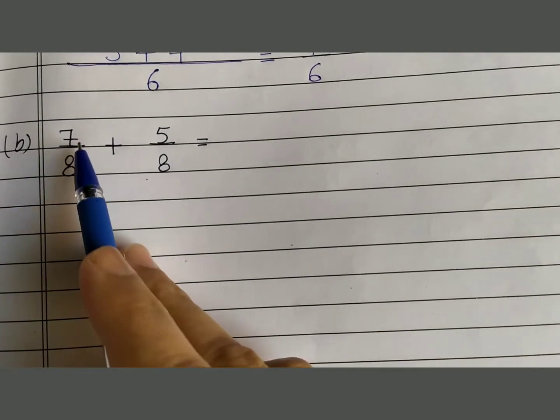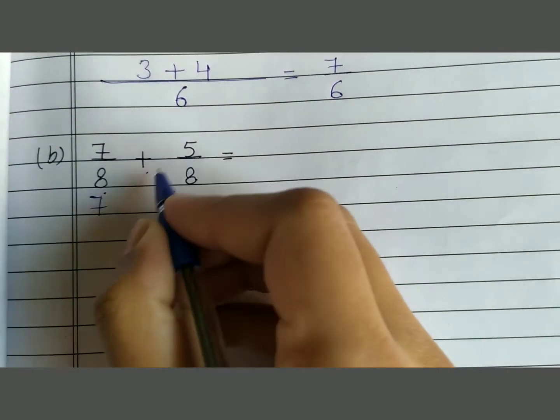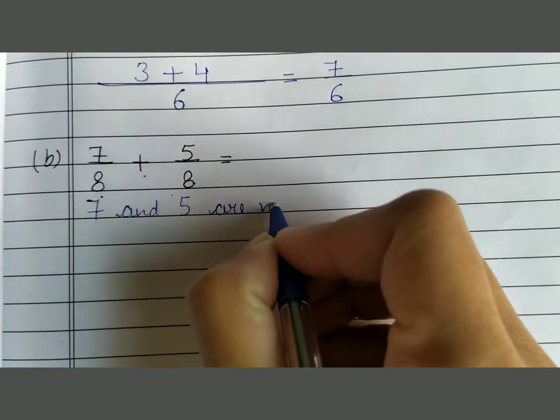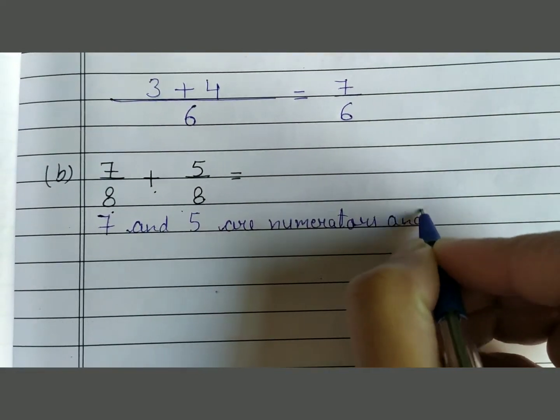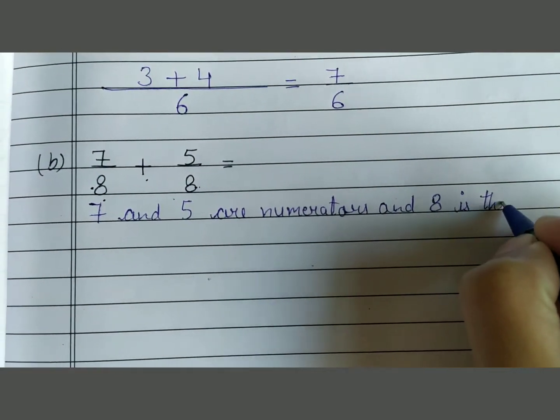Next question is 7 upon 8 add 5 upon 8. So 7 and 5 are numerators and 8 is a common denominator.